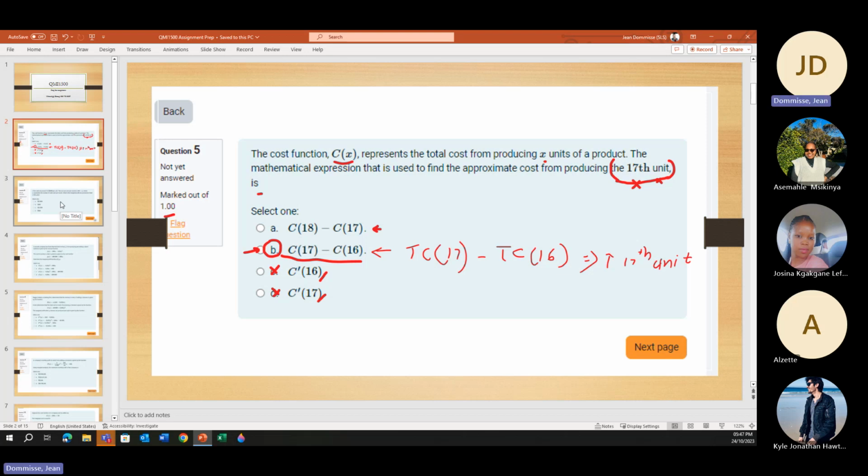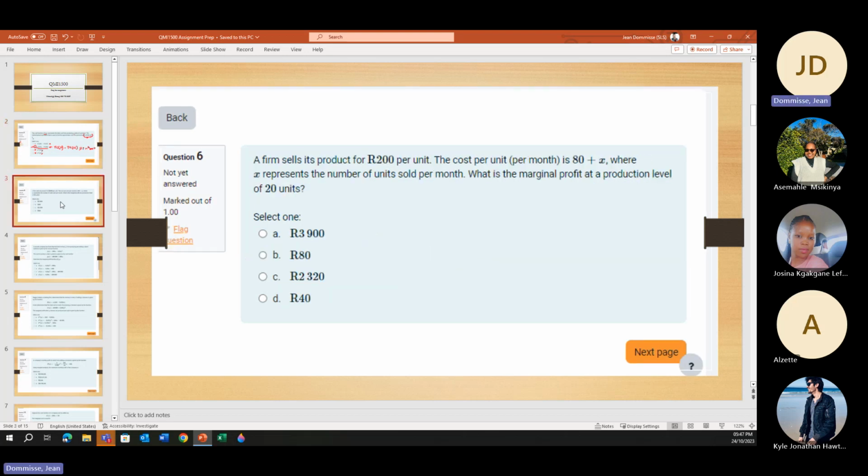Let's look at the next one. So still in cost, a firm sells its product for 200 per unit. Okay, so I would assume it's 200x. Okay, so that's selling, so that's total revenue.